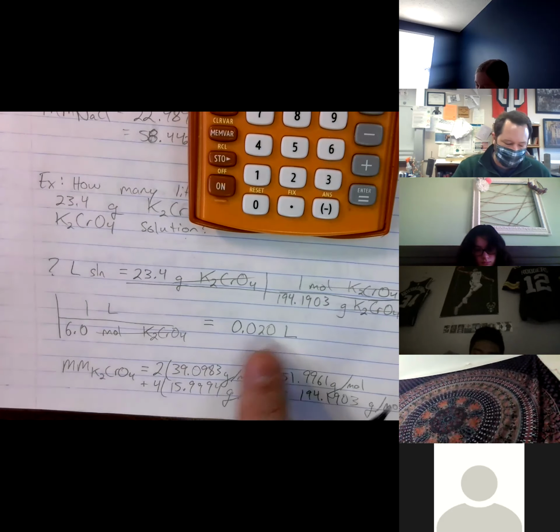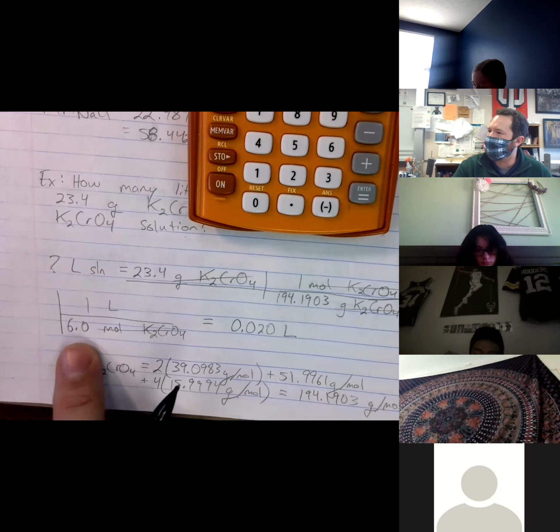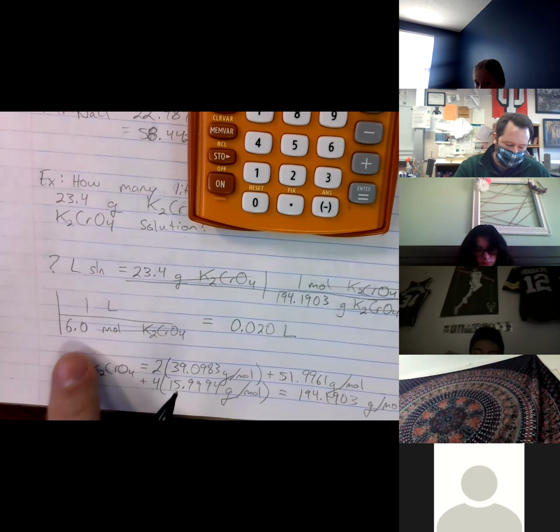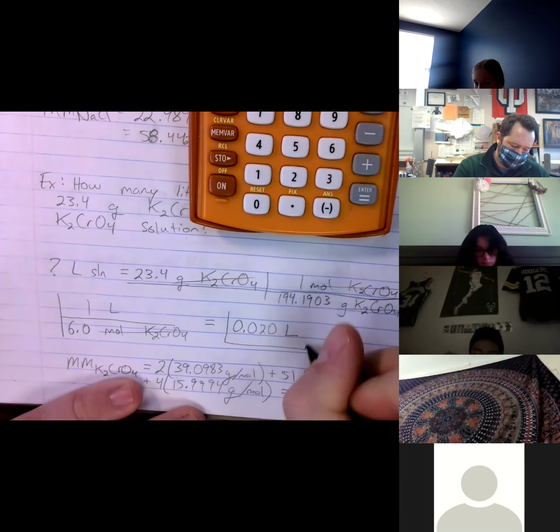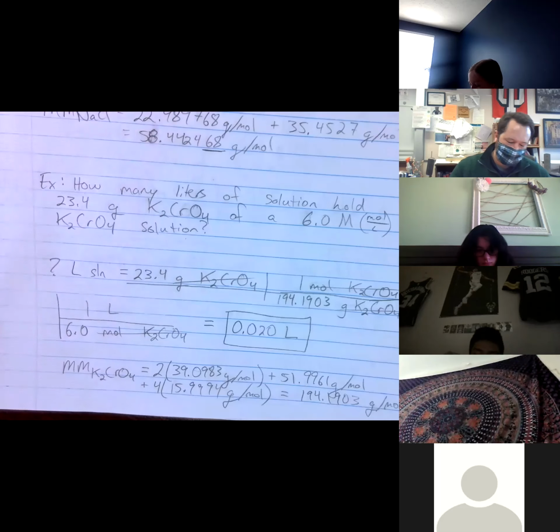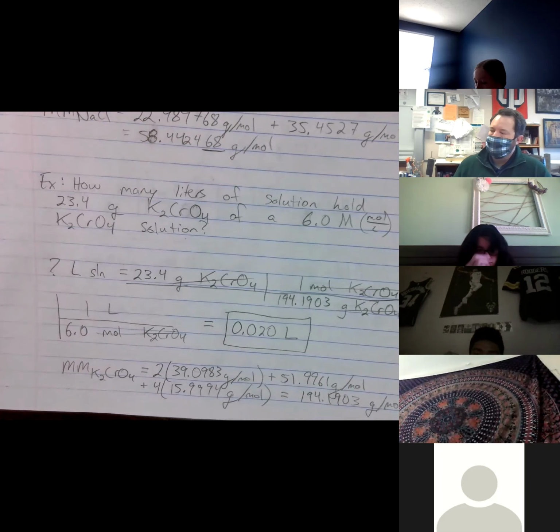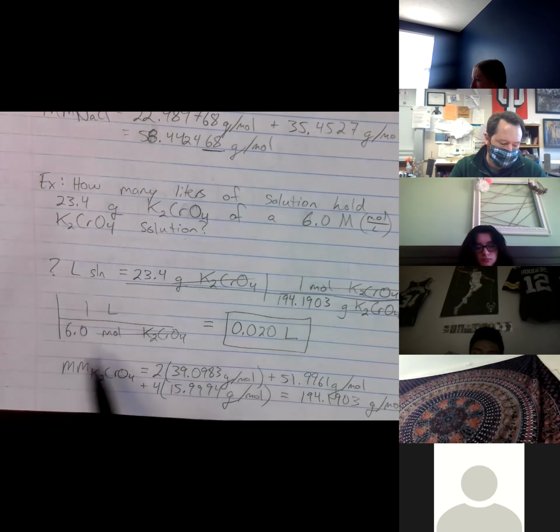Why only 2 significant digits? Well, look at that 6.0. That's only 2 significant digits. So our volume for our very concentrated solution without much salt is pretty small, 0.020 liters.